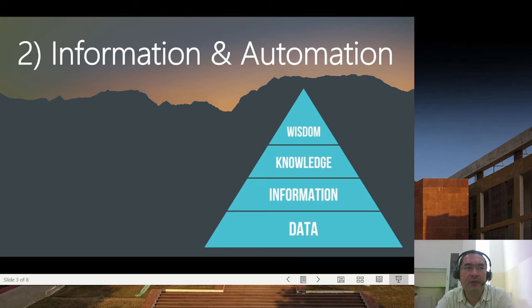So information and automation is the basic framework that you need to understand when designing your smart connected product.